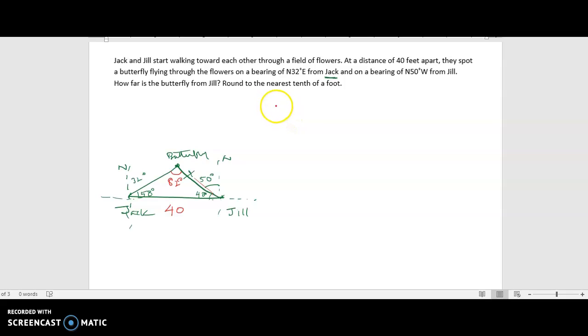So it's best to use the law of sines. We would use sine 82 divided by 40 equals, since x is opposite of 58, sine 58 over x.